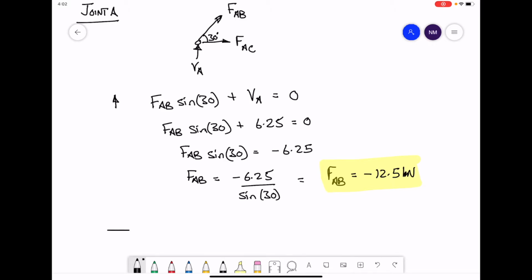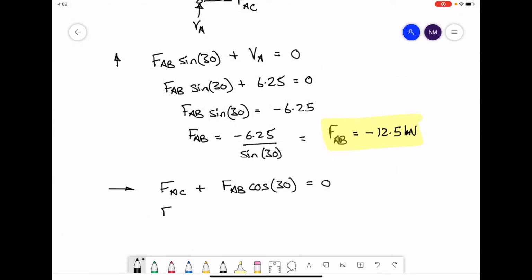Now resolving the forces in the horizontal direction for the same joint. Force AC plus force AB, this time times the cos of your angle, for equilibrium, must add up to give you 0. Force AC, substituting in your value, minus 12.5.